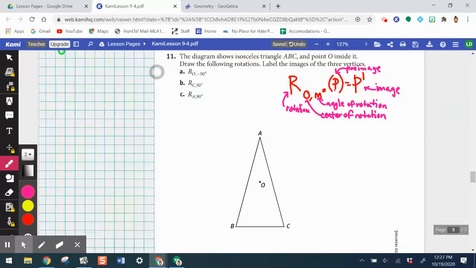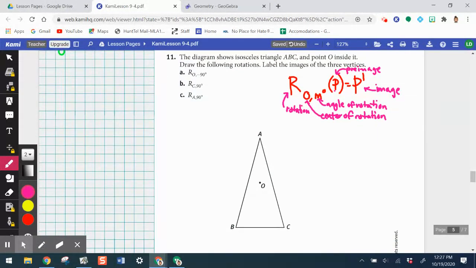So number 11, which we're going to do a little bit differently, we're not going to necessarily do it in our book, I've actually put it on GeoGebra as well. It says the diagram shows an isosceles triangle. Remember, an isosceles triangle has two congruent sides. In this case, we could really suggest that line segment AB and line segment BC are congruent, and point O is inside it. It says draw the following rotations and label the images of the three vertices.